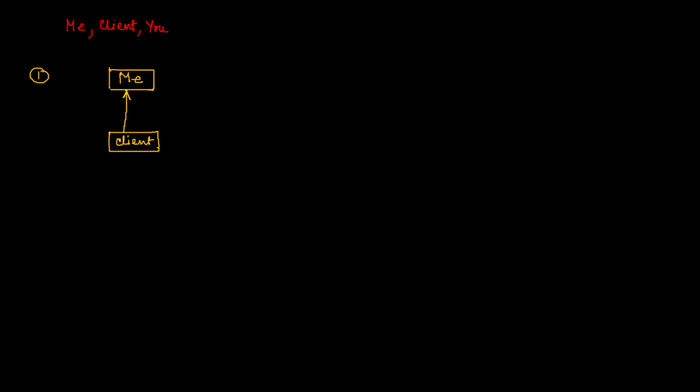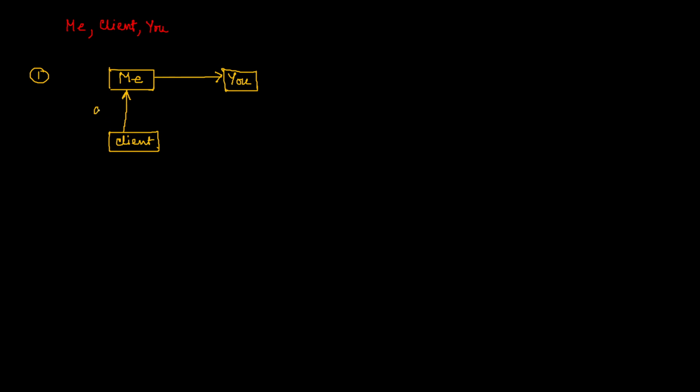And what I have done, I have called you. Obviously the client wants to add two data, right? So the client has to give the two values whose addition result the client wants.